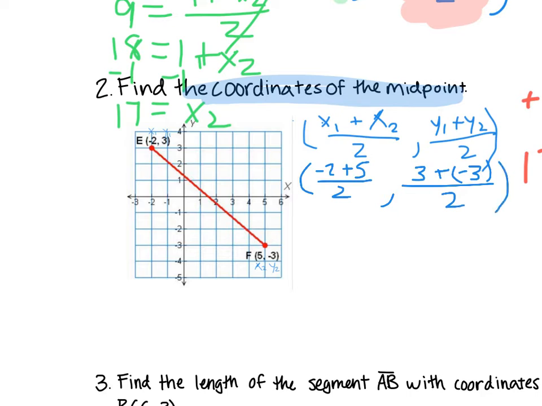So what is -2 plus 5? So 3 over 2. And what is 3 plus -3, Ryan? 3, right here. 3 plus -3. 0.